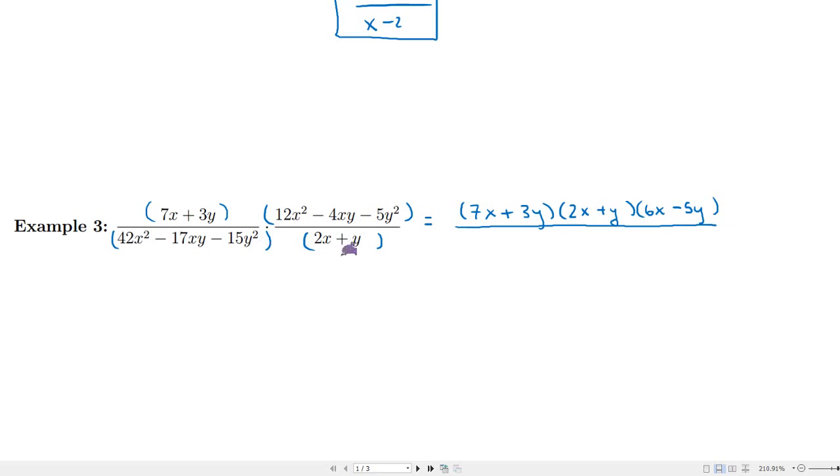And so this one we'll leave alone, but then by trial and error, for this one, similarly, thinking of the factors of 42 and 15, we get 6x and 7x, minus 5y and plus 3y. And does that look good? So that'll be 42x squared, and then we'll have 18xy and then minus 35. Okay, so this looks good. Okay, and then 2x plus y.